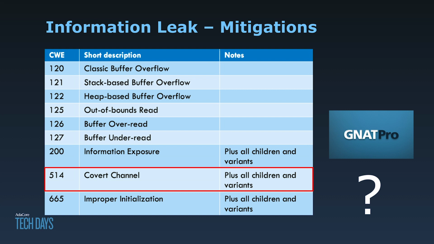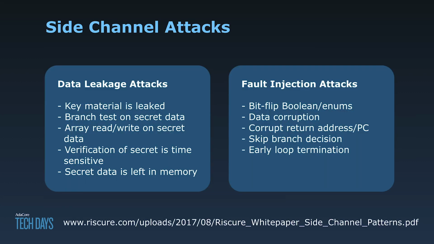So just a few more words about these covert channels. There are two sides of side channel attacks, so data leakage attacks and fault injection attacks. Data leakage can be very simply leaking data to someone who uses your API that you shouldn't have access to, or keeping data in the memory that is secret and that the attacker can look at, for example, through a different thread.